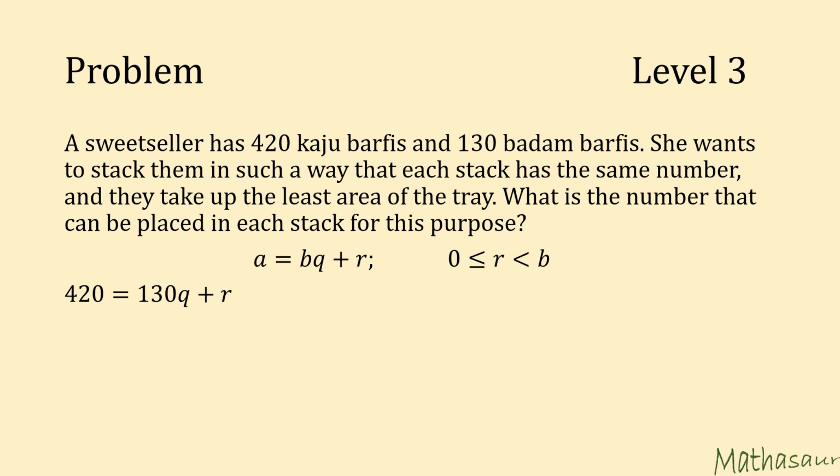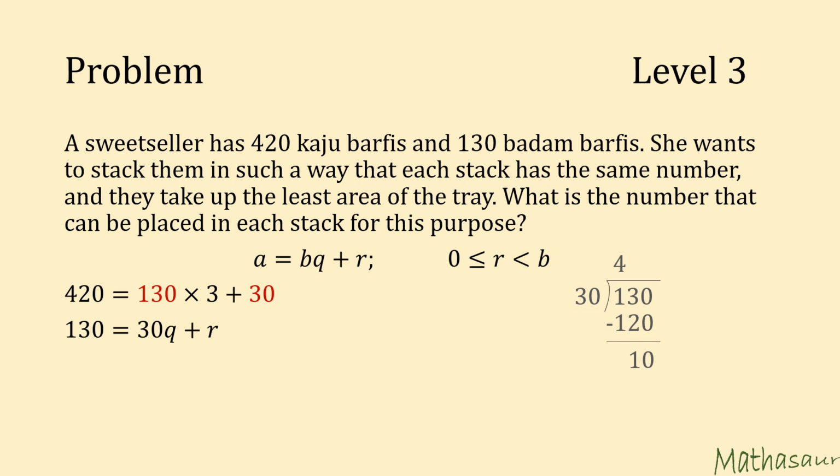So let us write our algorithm and take the larger number as A and the smaller number as B. So we are going to divide 420 by 130. We get Q as 3 and remainder as 30. Now since our remainder is non-zero, let us take the B and R and put them as A and B in the next iteration. Now let us divide 130 by 30.